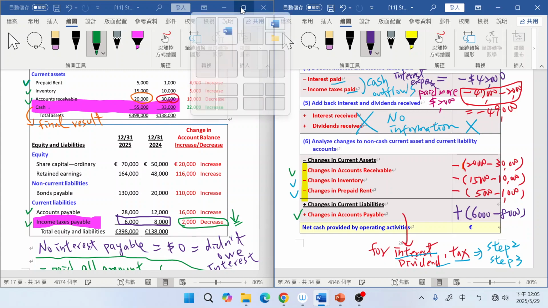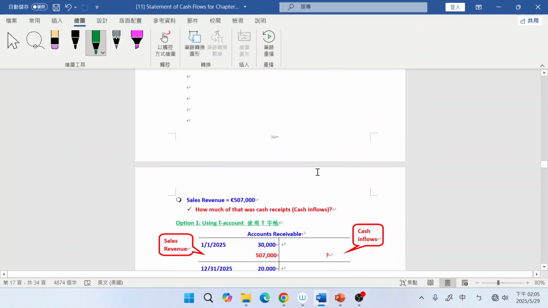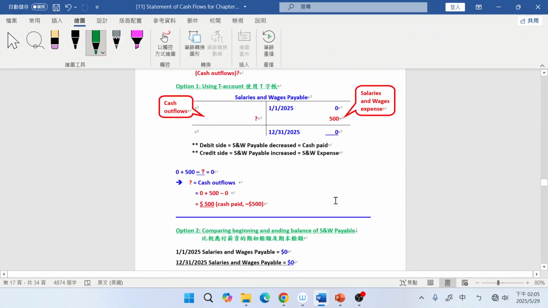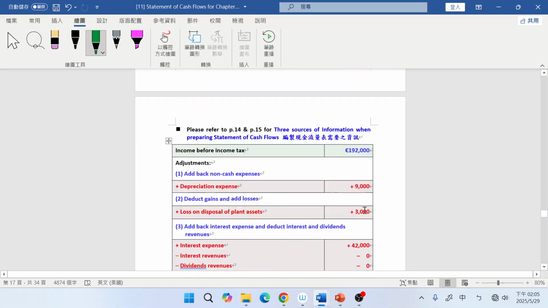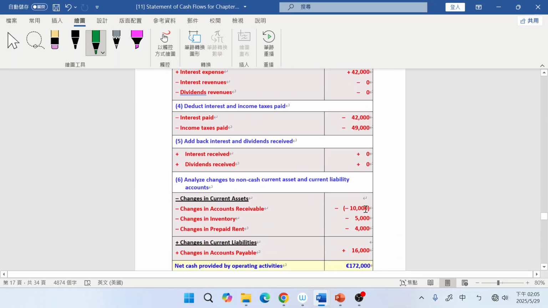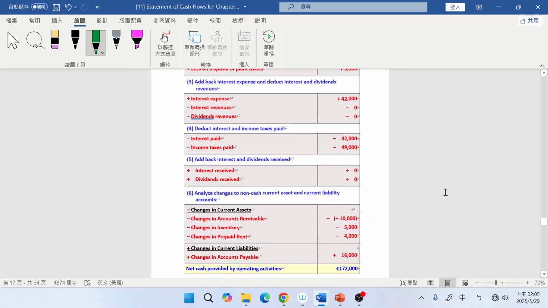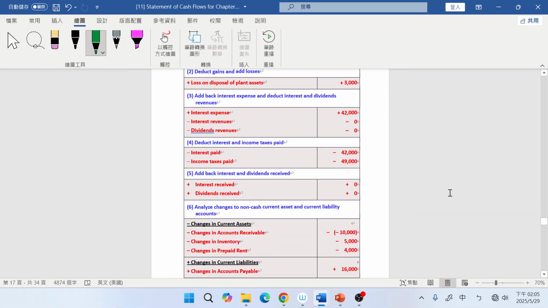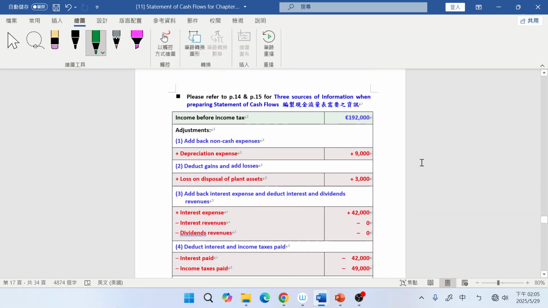Then you can get the result right here. Okay, from start point, income before income tax, and you look at each items.